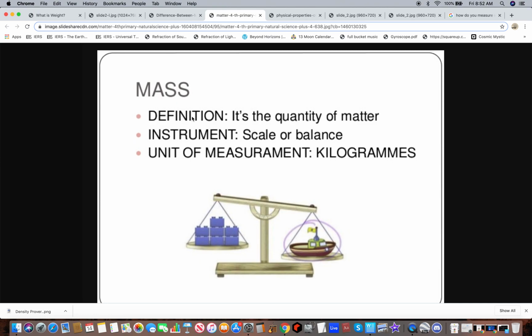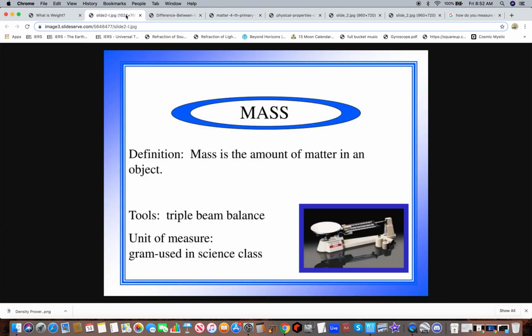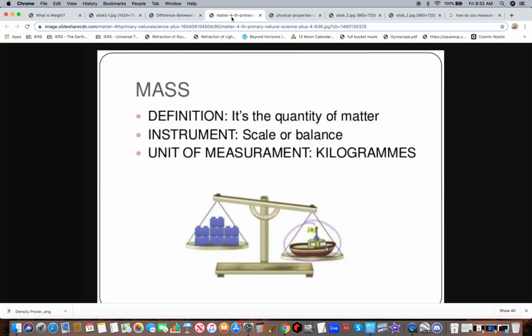Another definition of mass. Definition is the quantity of matter. Right? Mass is a quantity of matter. The other definition of mass is the amount of matter in an object, and in this one it's the quantity of matter. The instrument used for measuring it is scale or balance. Unit of measurement is kilograms.